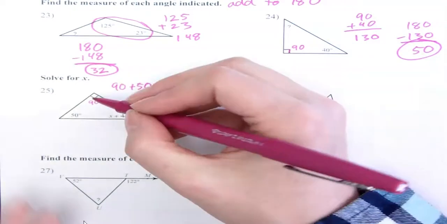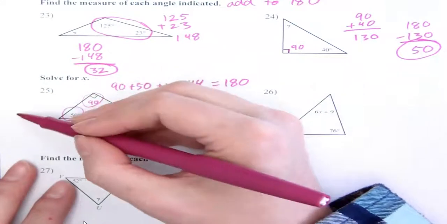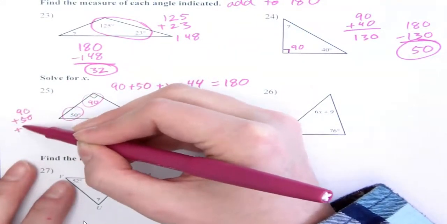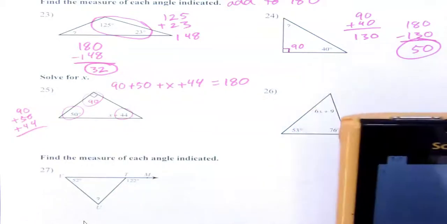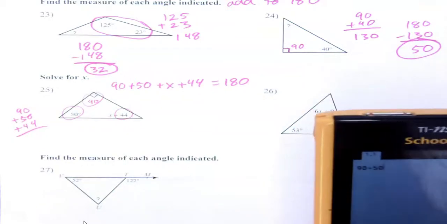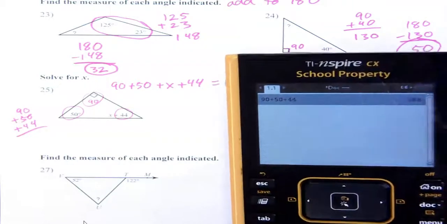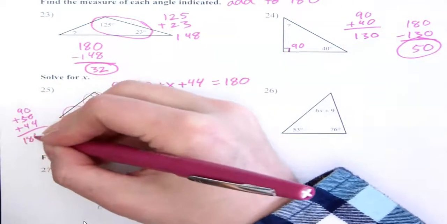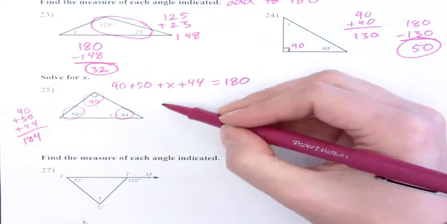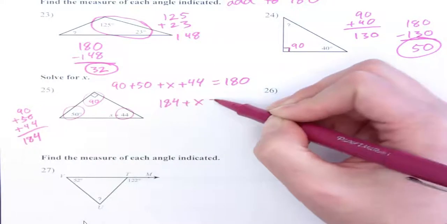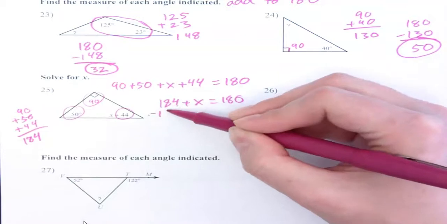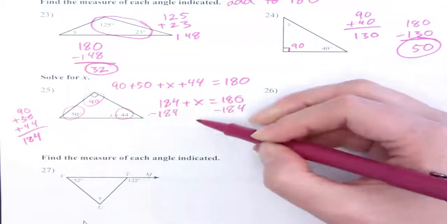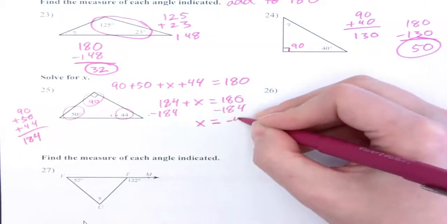Or I can choose to go ahead and just add up 90 plus 50 plus 44, add them together and get 184. So then my simple equation is 184 plus x equals 180. Then I need x by itself, so I subtract 184, get x equals negative 4.